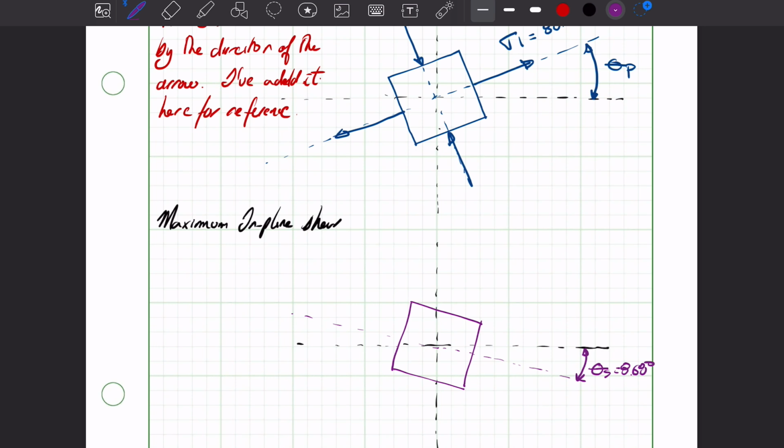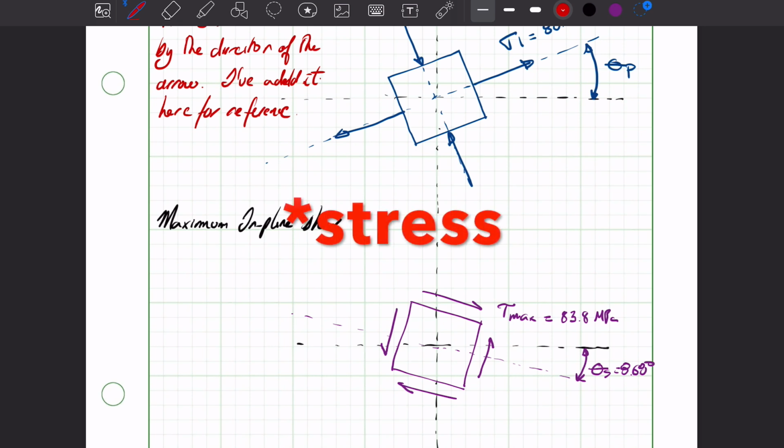And I'm going to have the following loads in it. First, I'm going to have the maximum in-plane shear. The maximum in-plane shear that I have is positive, so it follows the positive sign convention where this is tau max equals 83.8 megapascals. And it is worth remembering that when the maximum in-plane shear occurs, the normal loads around the element are the average normal stresses.